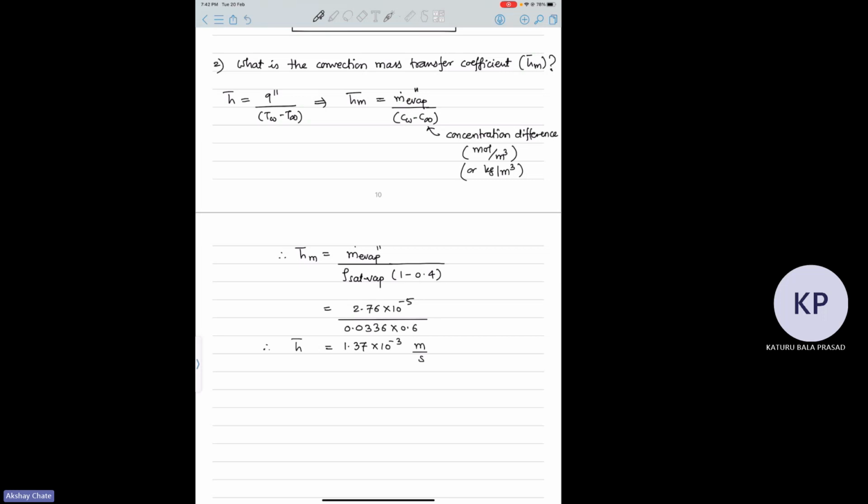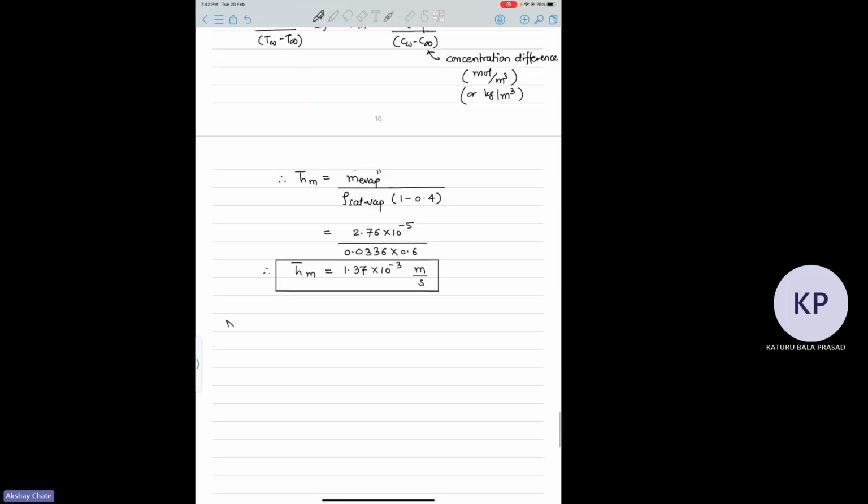So this is the solution, but I think more than that you should note one thing: the units for the mass transfer coefficient are meter per second. This is very important, because for the heat transfer coefficient the units are watt per meter square Kelvin.